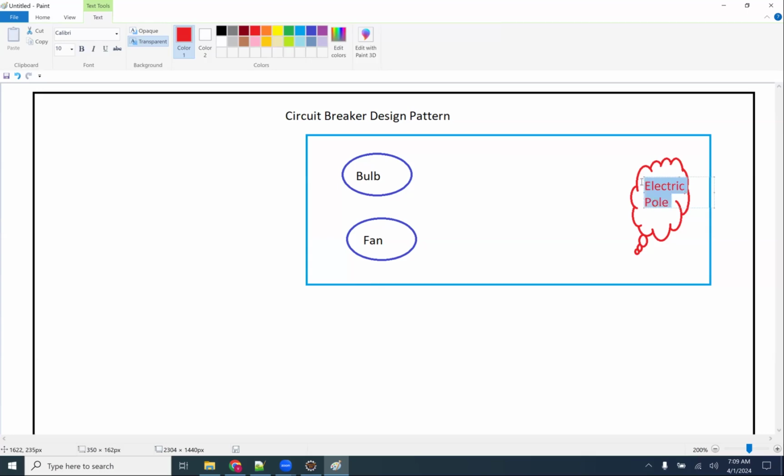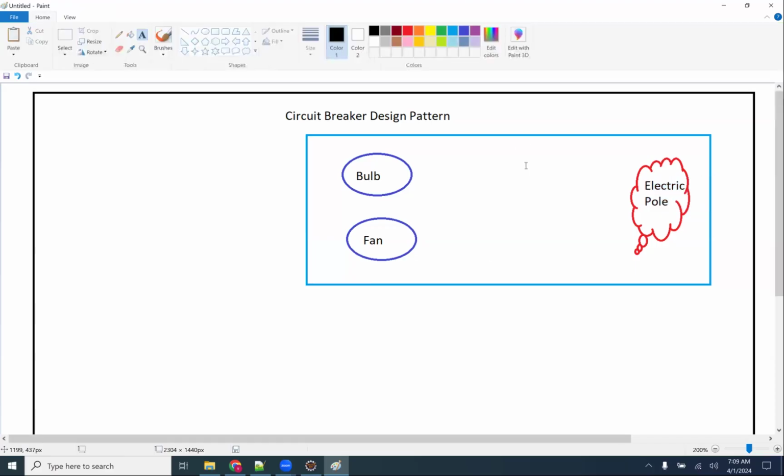From the electric pole, we have a connection to the MCP. Correct, right, guys? In our house, we have an MCP, right? Yes or no, guys? So we have an MCP in our house.